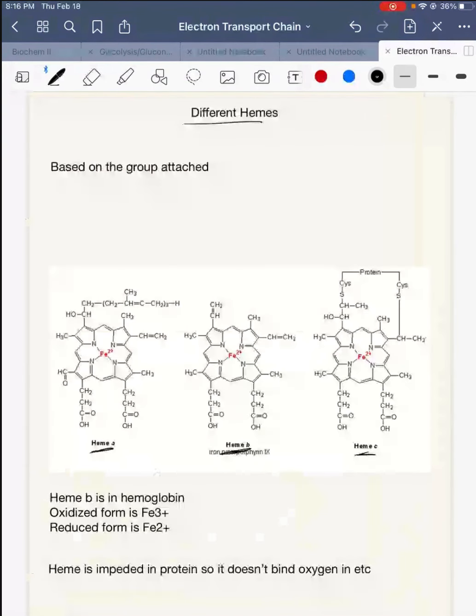I forgot what protein uses what hemes, but basically the hemes are different based on the group attached to them. Heme B is used in hemoglobin, and heme A and heme C have different groups attached to them.